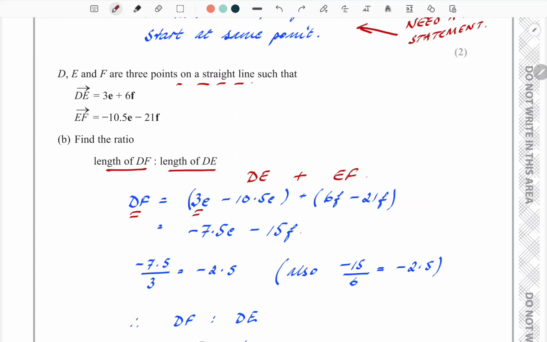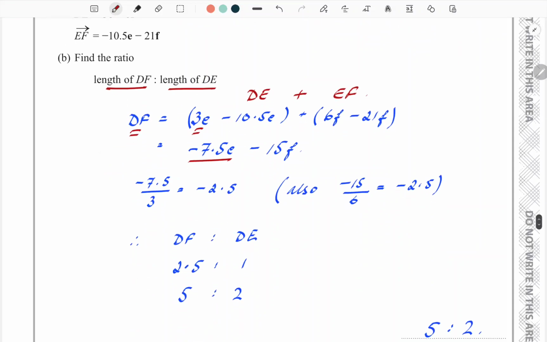I was getting ahead of myself there. That gives you minus 7.5E. And on the other side, you've got 6F minus 21F. So you combine the E's and combine the F's. 6F minus 21F is minus 15F. So that gives you the actual vector for DF.